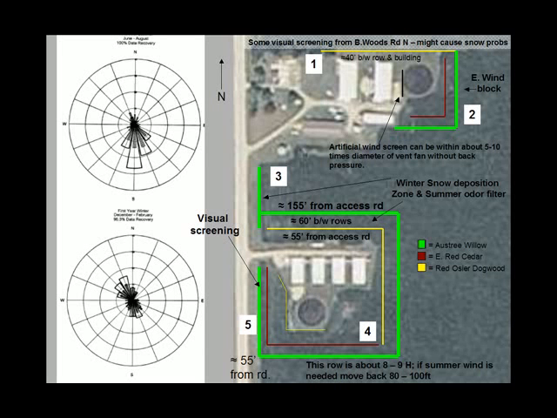Well, not a whole lot of easterly winds shown up here, but for this particular farm in this part of Iowa, it was a problem. And so they wanted screening here because these vents were having to work overtime in order to compensate for that. So they wanted screening for that purpose. They also opted to have an artificial screen put in as well, so that you're getting sort of a dual benefit there.